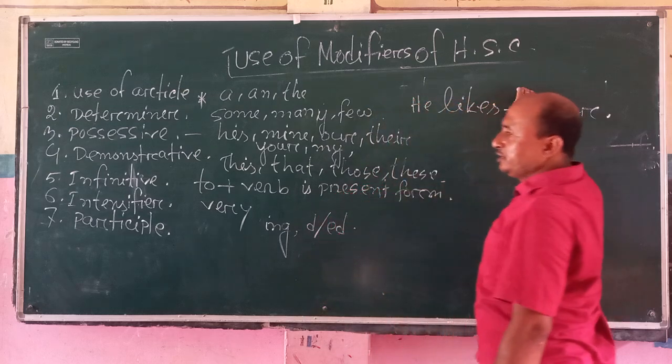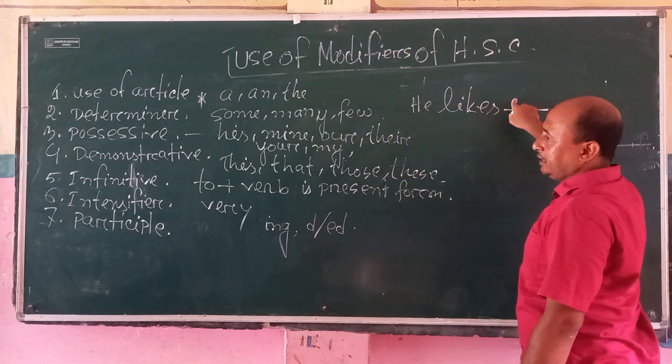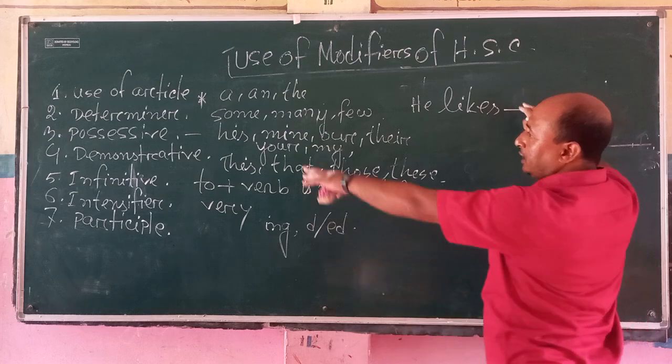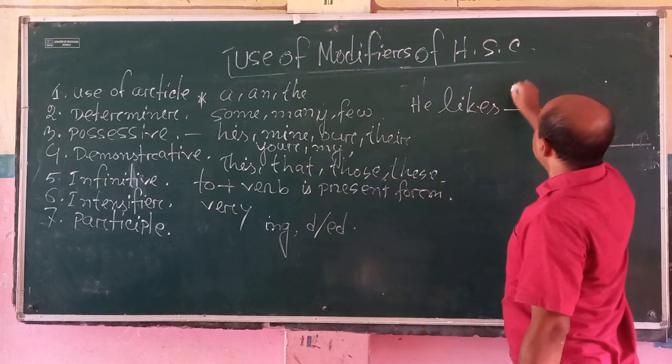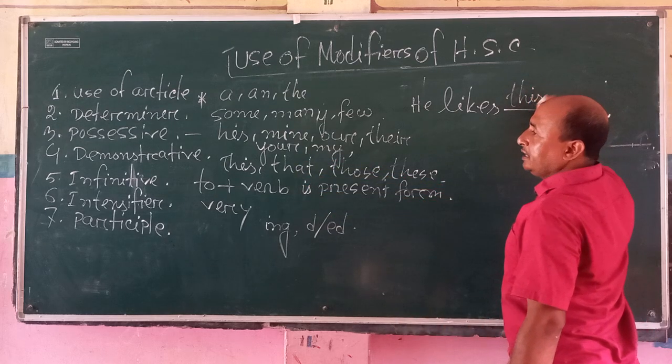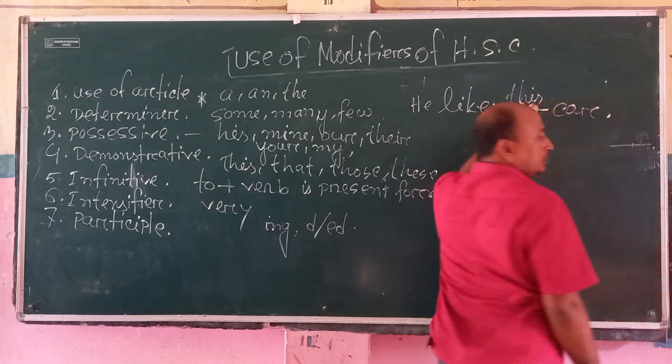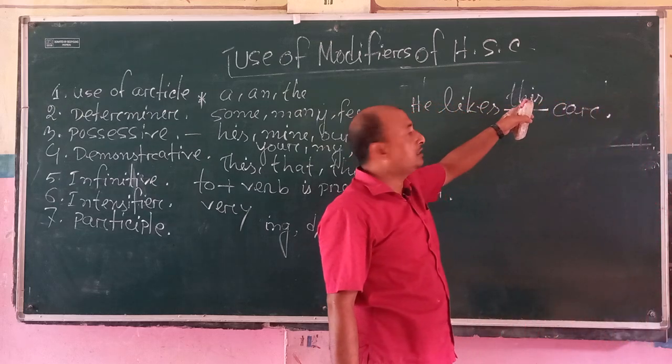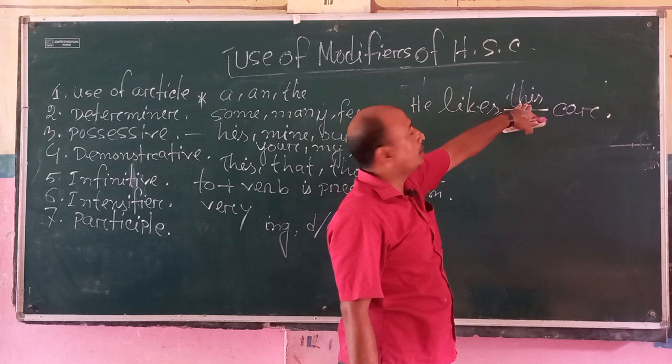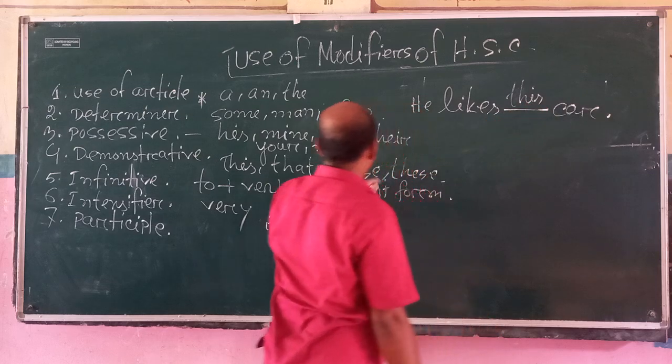If it is mentioned to use a demonstrative, you will use this. If it is singular, you will use this or that, and if it is plural, you will use these or those.